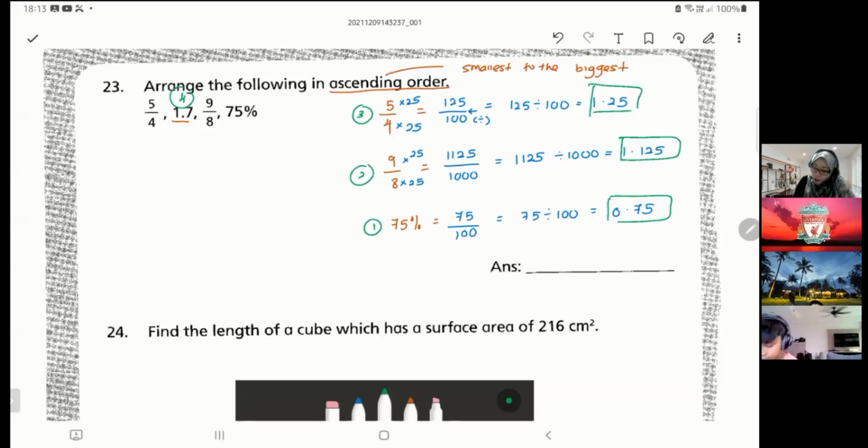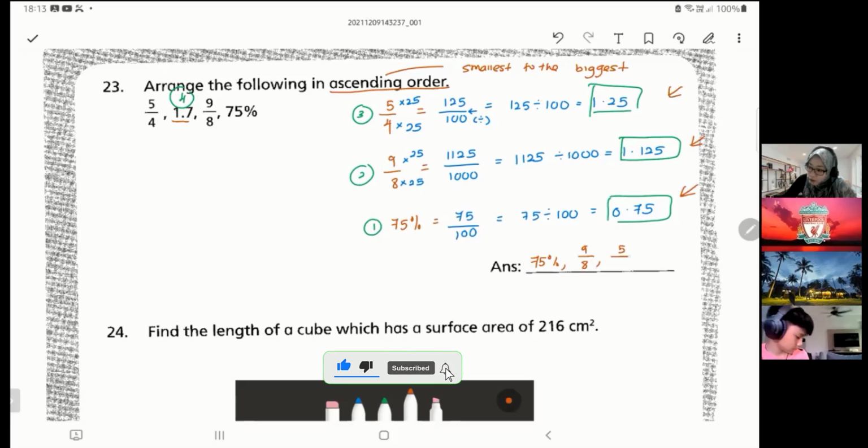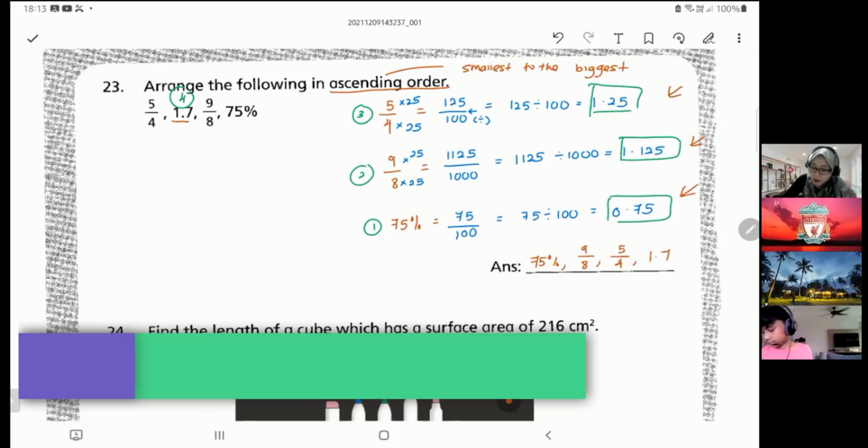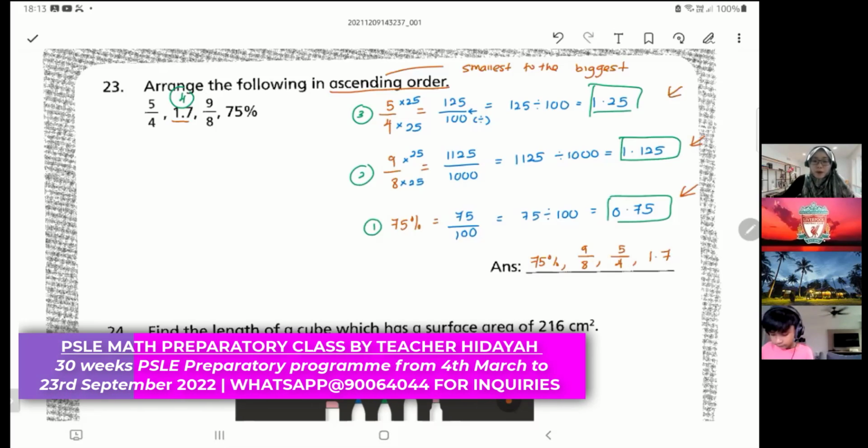And you arrange in order. When you arrange, make sure you copy the original thing. Many students copy whatever they converted it to. Cannot. It is the original number that's given. So 75%, then comma 9/8, comma 5/4, comma 1/7. That's your answer.